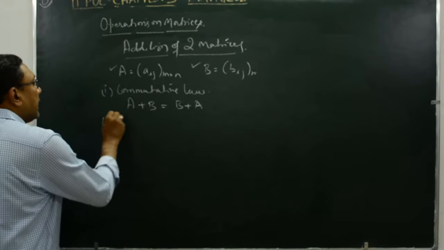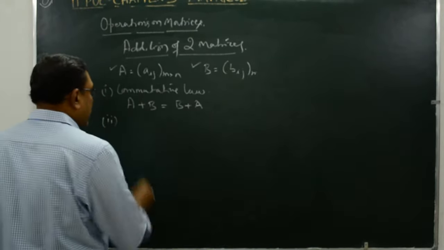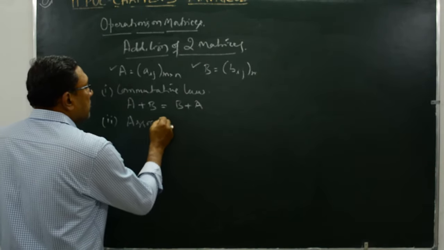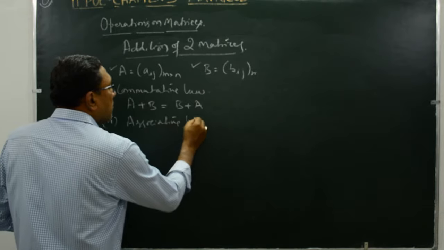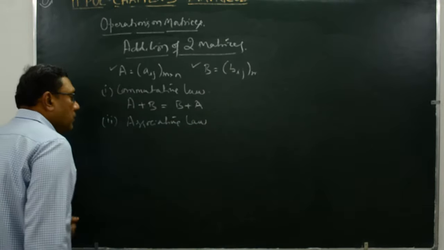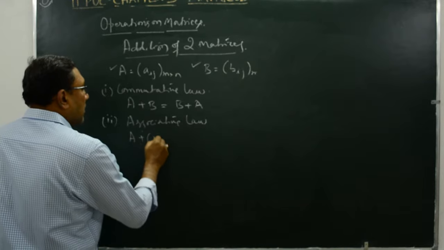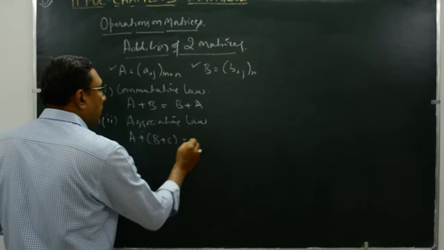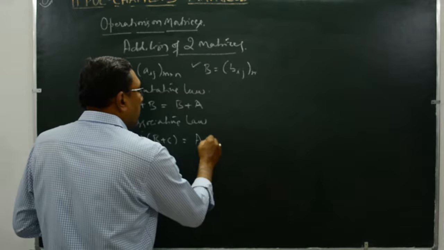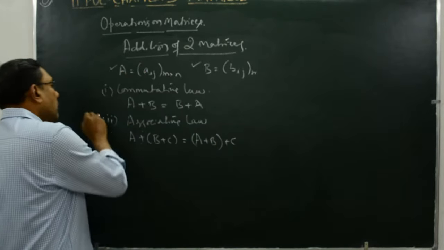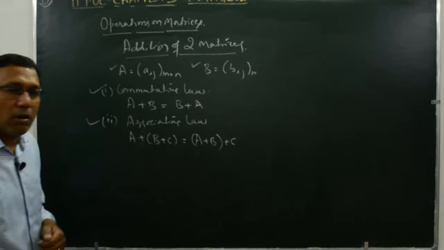The second property is the associative law: A plus (B plus C) should always be equal to (A plus B) plus C. This also holds good for addition of matrices.